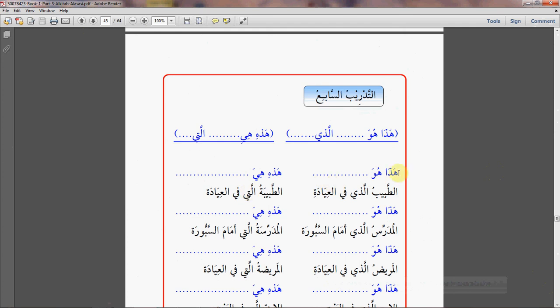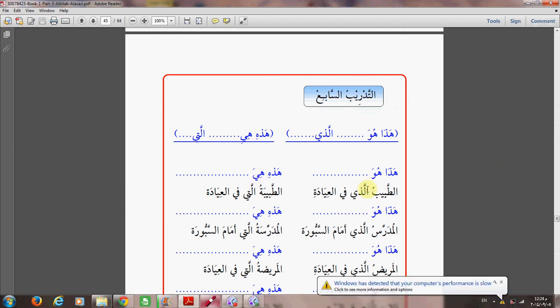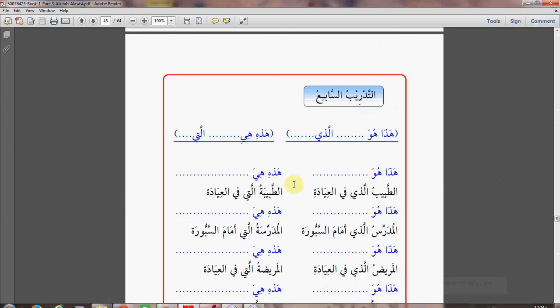First of all, اسم الإشارة, the demonstrative pronoun هذا, turns to هذه للمؤنث. هو المذكر turns to هي للمؤنث. الطبيب should take تاء مربوطة at the end to make it مؤنث. And الذي turns to التي for المؤنث. Okay? And حرف الجر, or the preposition, keeps the same, and the normal word place will be the same. Place does not change. Okay?